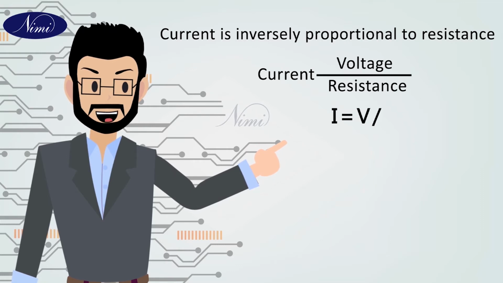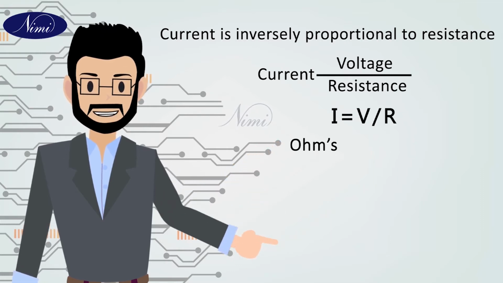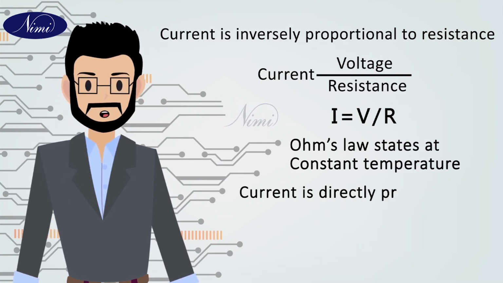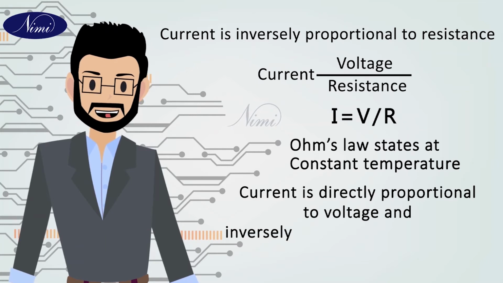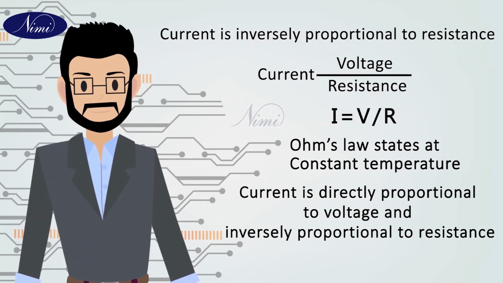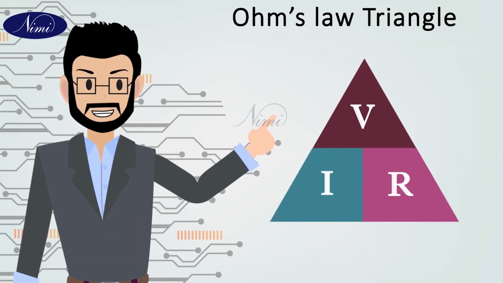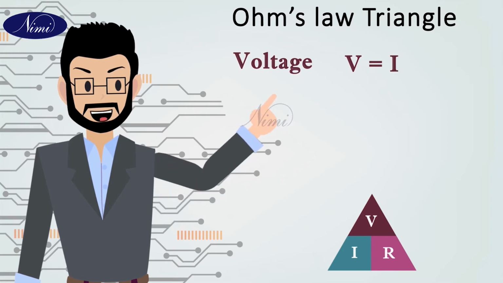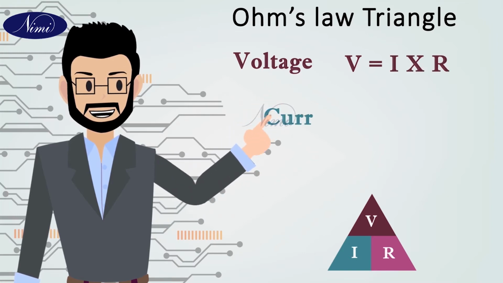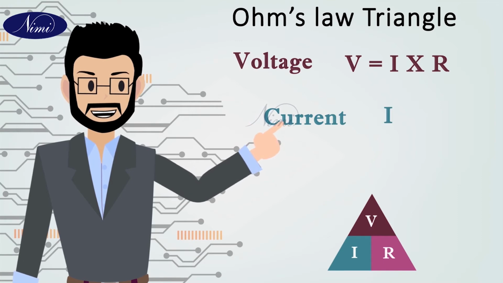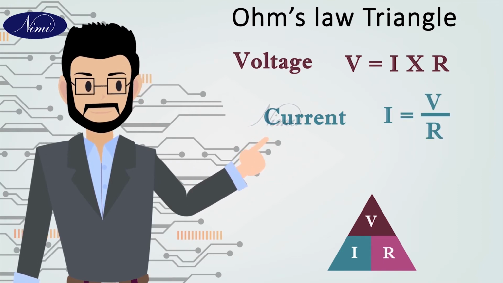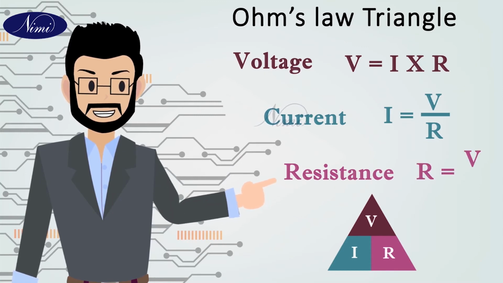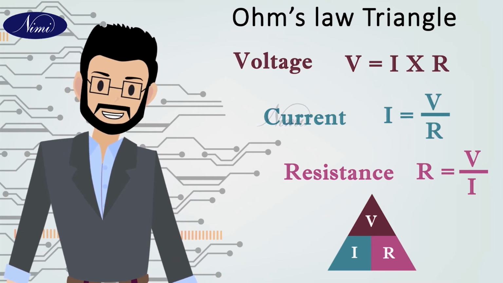I is equal to V by R. Finally, Ohm's law states that at constant temperature, current is directly proportional to voltage and inversely proportional to resistance. From this Ohm's law triangle, voltage can be found using the formula V is equal to I into R, and current can be found using the formula I is equal to V upon R. Resistance can be found using the formula R is equal to V upon I. Hope you all understand the concept of Ohm's law.